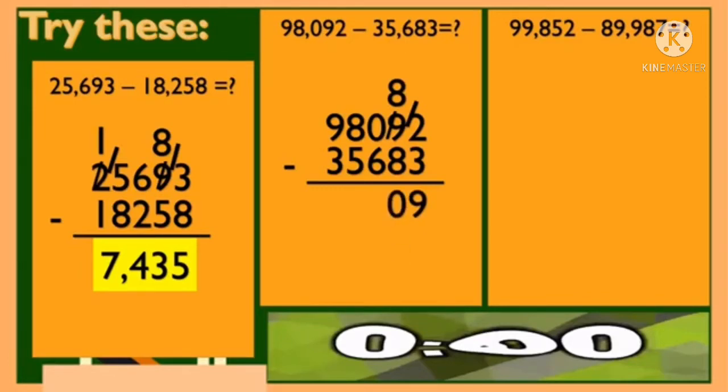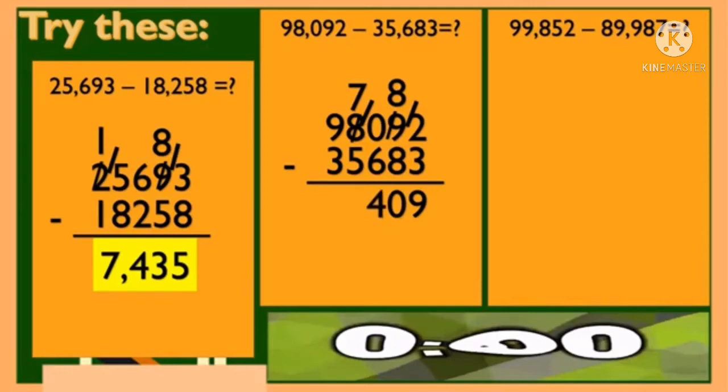How about 0 minus 6? Cannot. Alright, so we will borrow from 8. Okay, 8 will become 7, and then 0 will become 10. 10 minus 6 is 4.